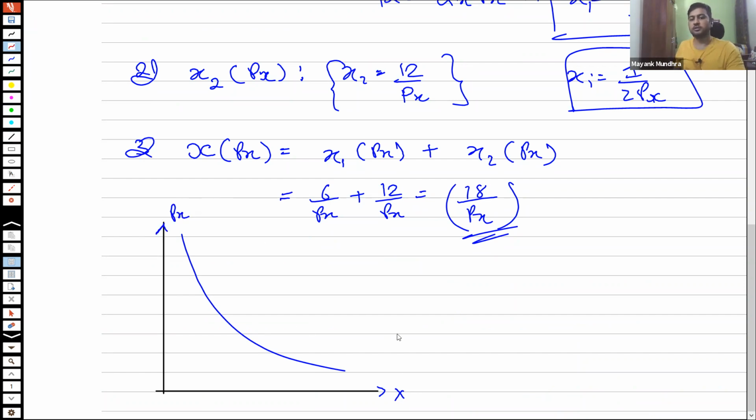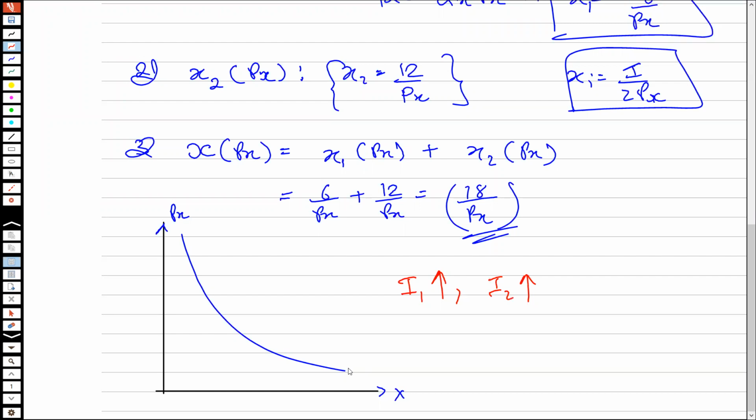Now suppose income rises. So income of person one increases and income of person two also increases. Then what would be the effect on this demand curve? How would it change? It will shift to the right.